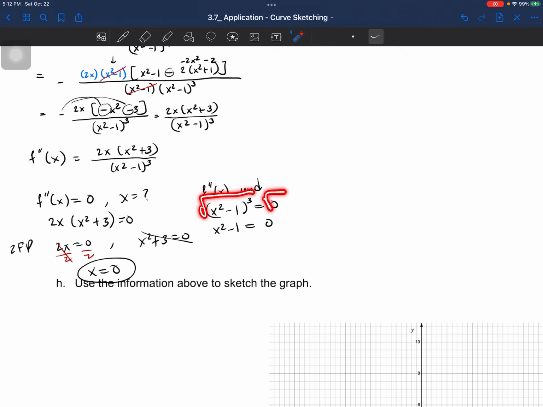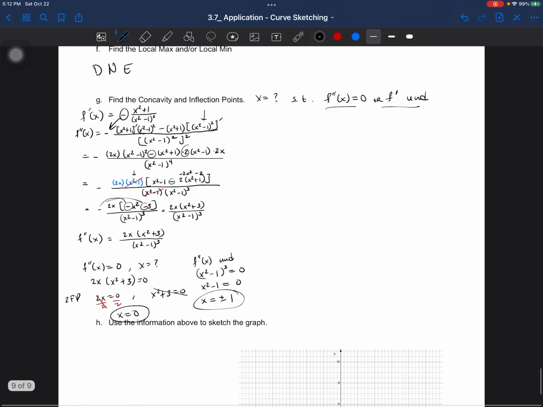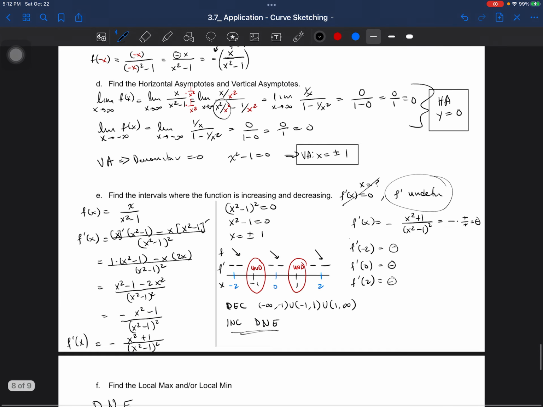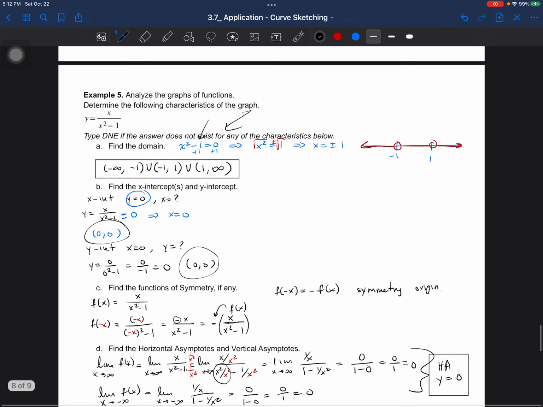Because you take 0 to the third power to give you 0. Also, you can argue that you can just take the cube root on both sides. That will give us 0, and the cube root will cancel with the power. We've done this a few times in this example. So this is going to happen whenever x equals plus or minus 1.